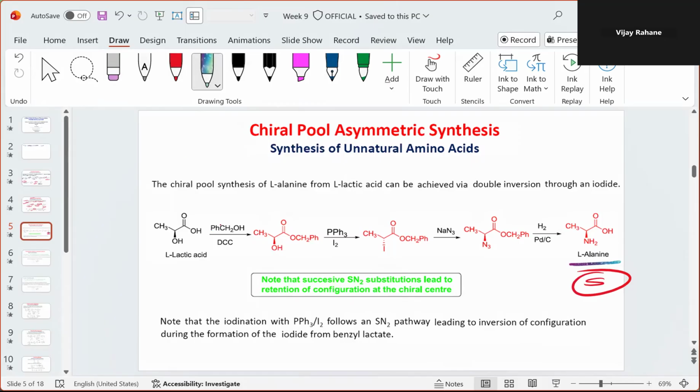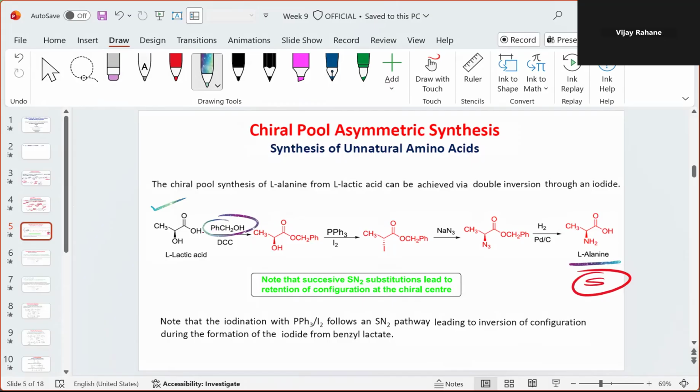Now let's look at how the asymmetric synthesis of this L-alanine has been done here. The first step is the esterification reaction using the DCC coupling reagent and benzyl alcohol.